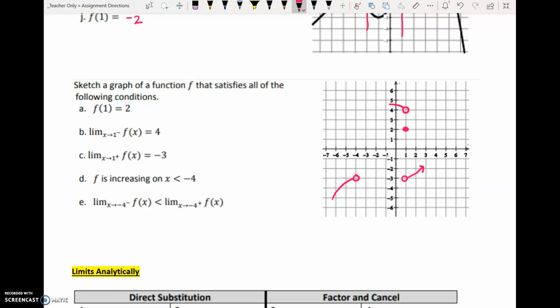And then at -4 coming from the right, we know that this has to be greater than coming from the left. So that's why I said I was going to come back to that one. And I'm going to draw that arrow so it keeps going. Again, we don't know if those are open or closed, but we know that's a possible graph that it could be. All right, so that covers all of our graphical limits.